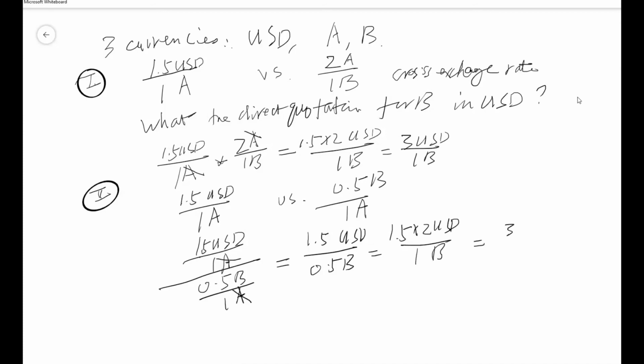So it's the same thing, 3 USD for 1B. You see, we get the exact same result. So this is the example: if we have one direct quote and another cross exchange rate, then based on these two, we can get the direct quote for currency B.